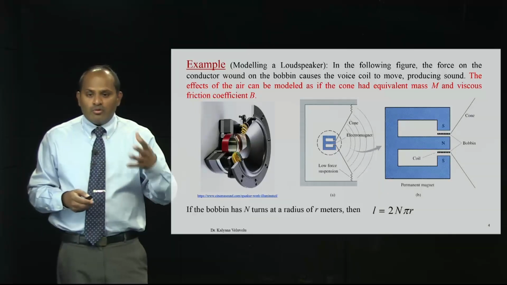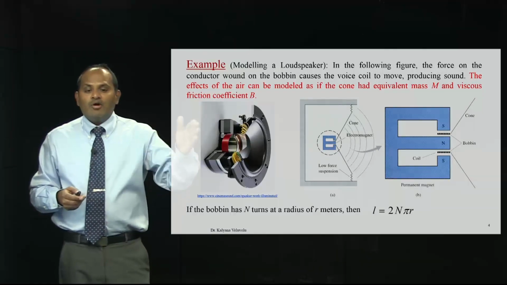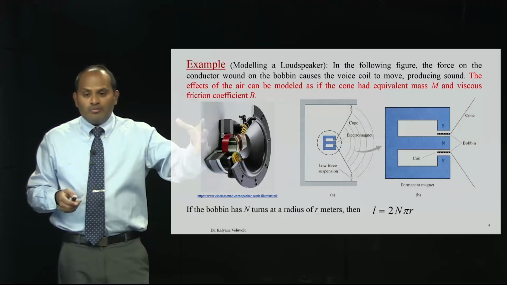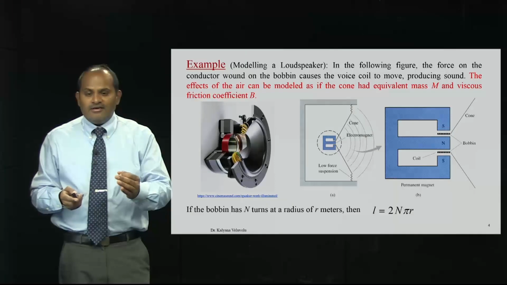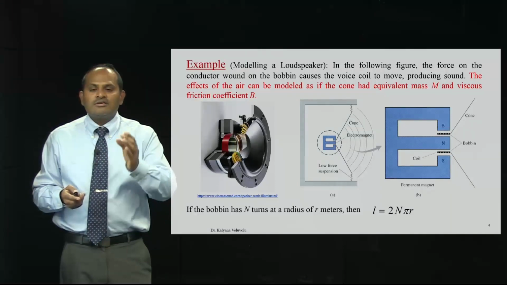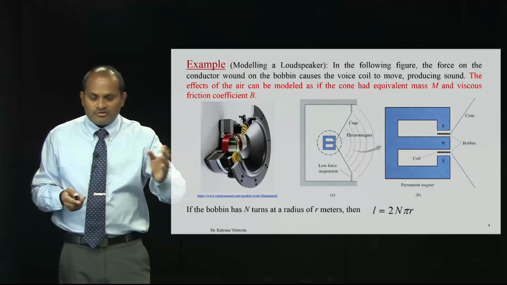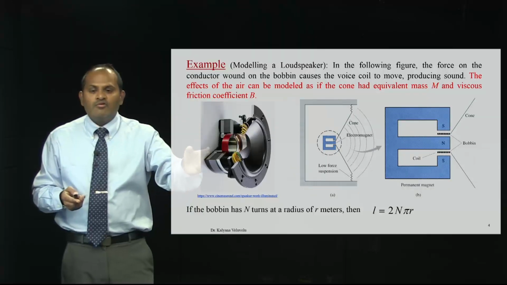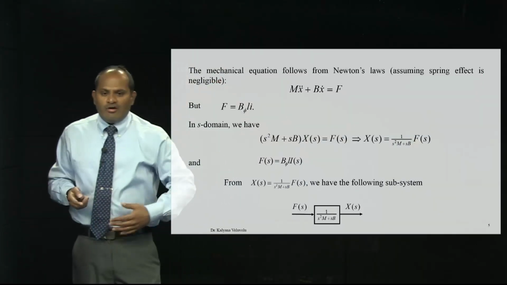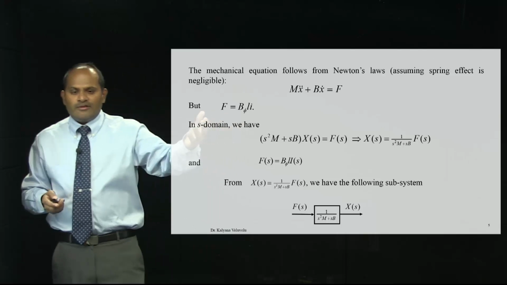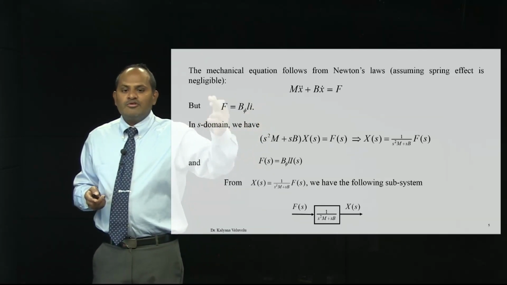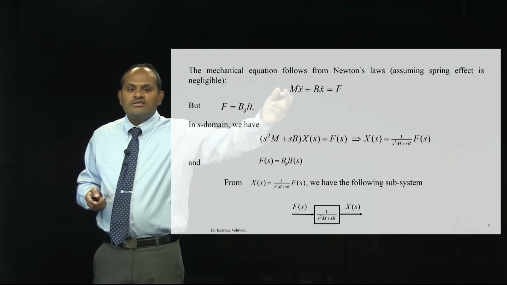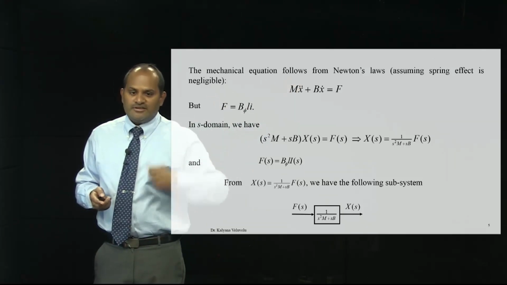So, we are trying to model the air molecules that are displaced, that is the diaphragm movement, from the input current. So, i is the current, i produces force, force produces motion. Now, the force produced by the coil is B phi L i. So, here this i produces this force and this force produces the displacement.